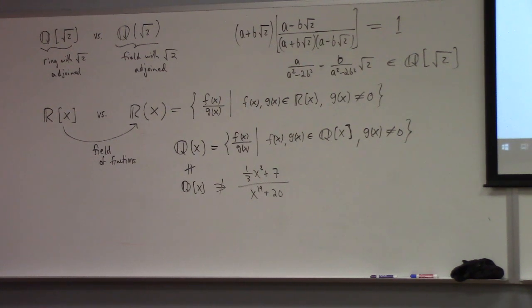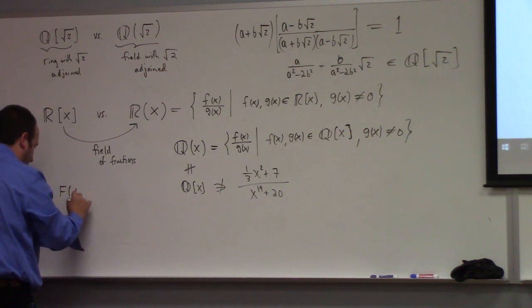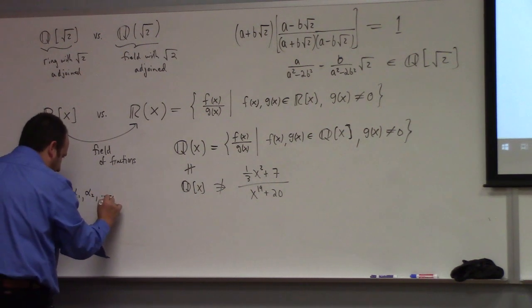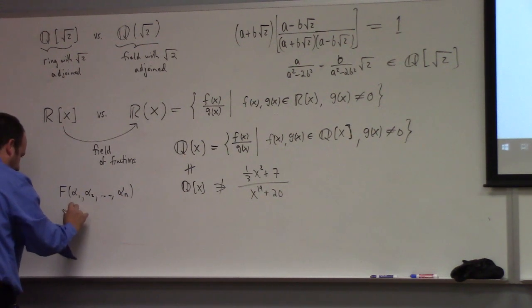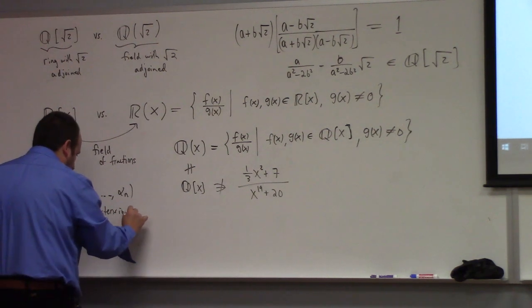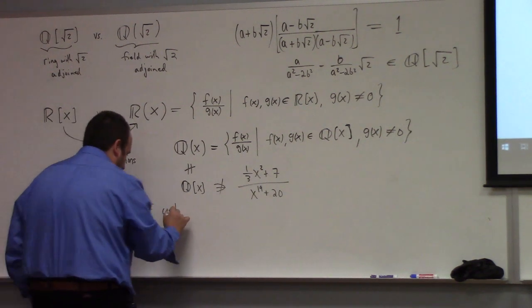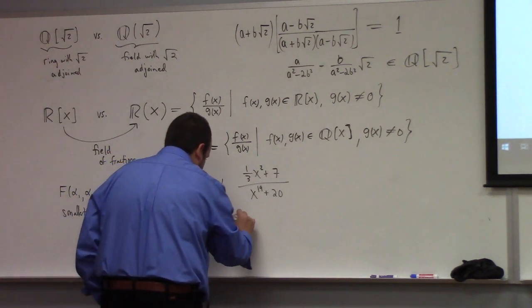F adjoin alpha 1, alpha 2, alpha n is the smallest extension of F containing alpha 1, alpha 2, alpha n.